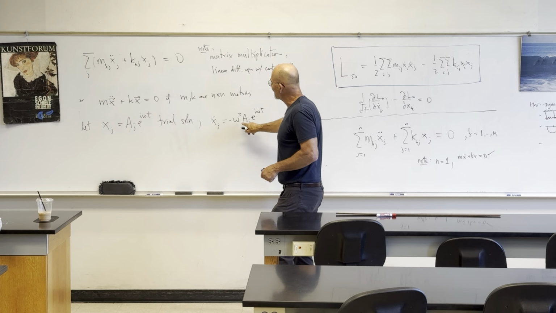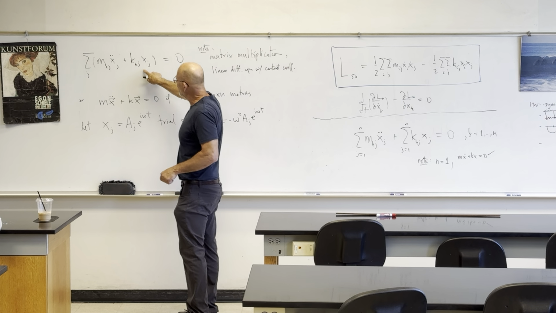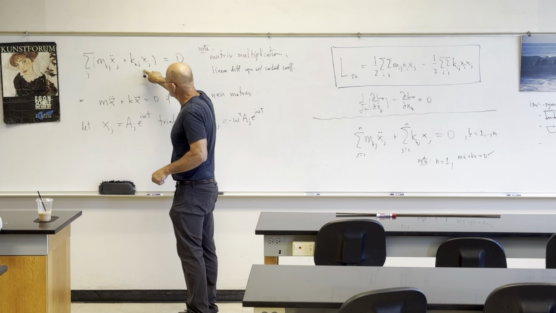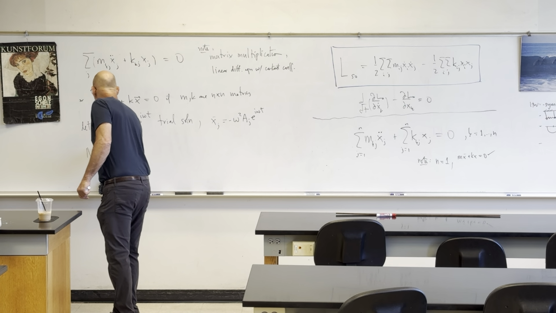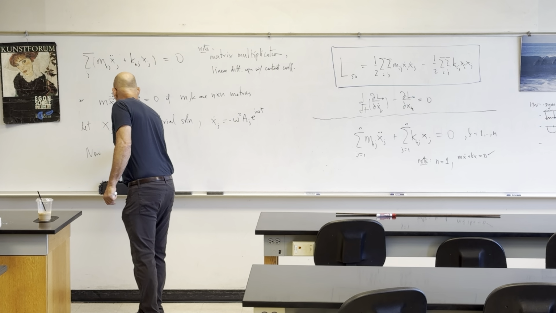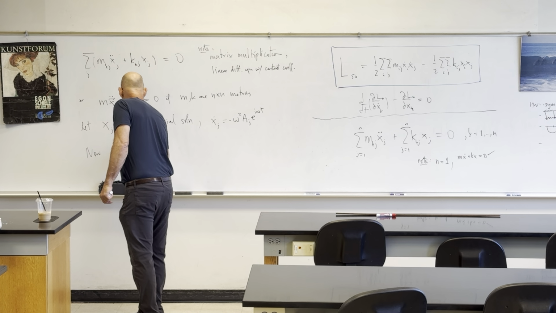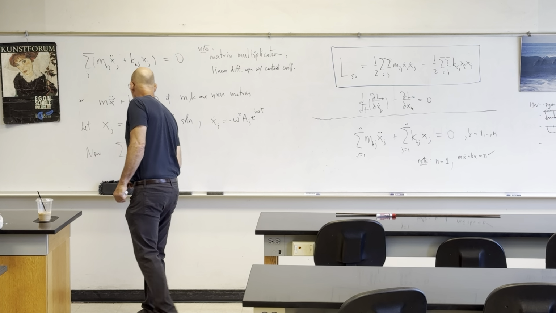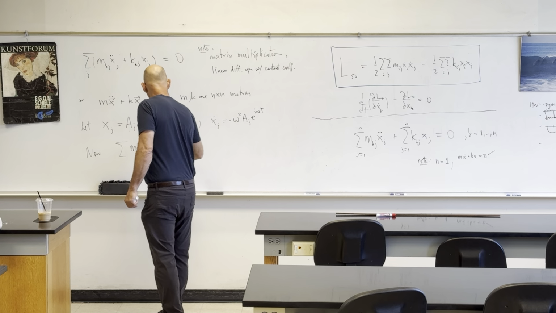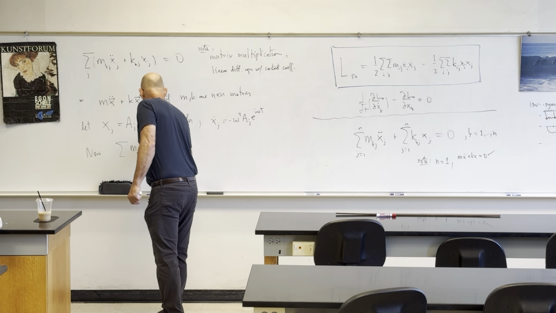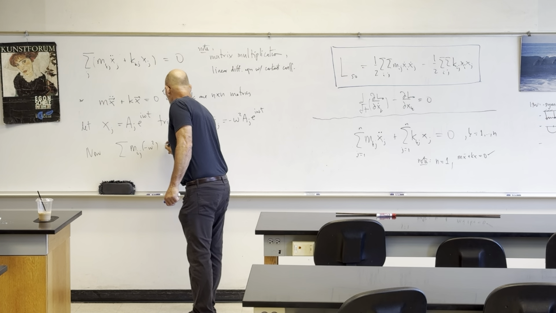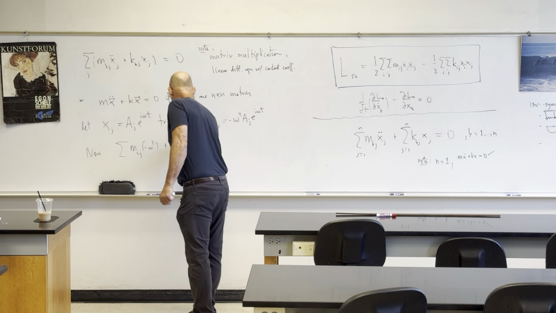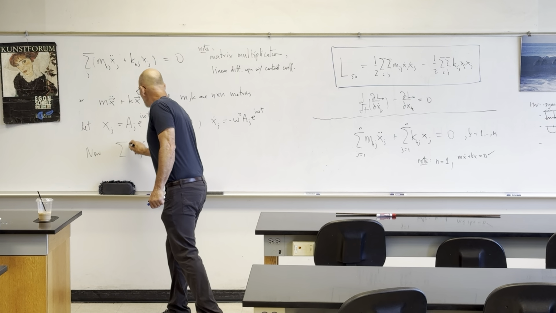And then we can take this into our equation up top here. What we get is sum over j of M_ij times minus omega squared, plus K_ij.